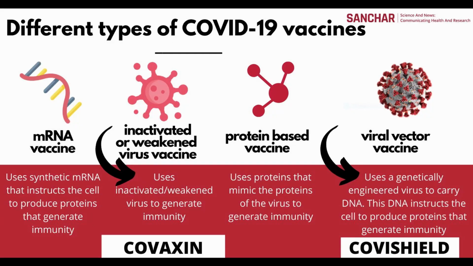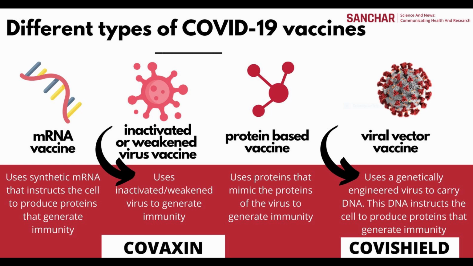Now, vaccine makers had to decide how the vaccine, when injected into humans, would generate an appropriate antibody and cell-mediated immunity to the spike protein. This slide from the Harvard School of Public Health shows how different vaccines can accomplish this. There are four main types of vaccines on the slide. There are the messenger RNA vaccines, with Pfizer and Moderna being examples of these.